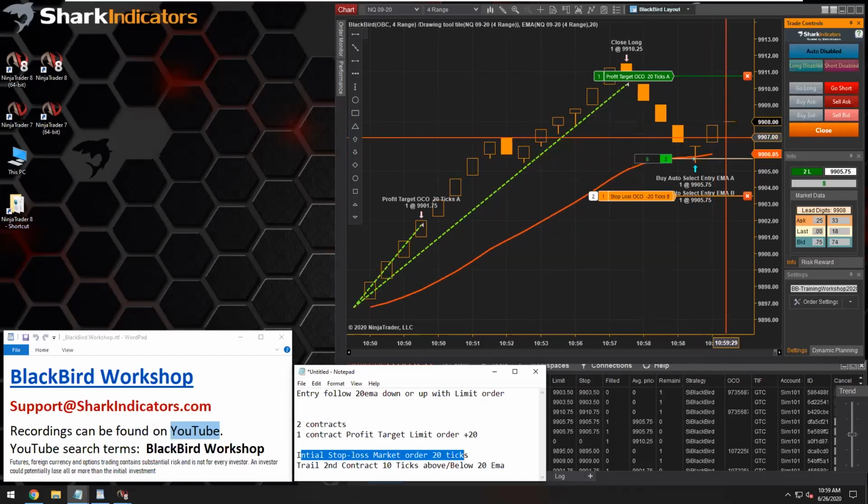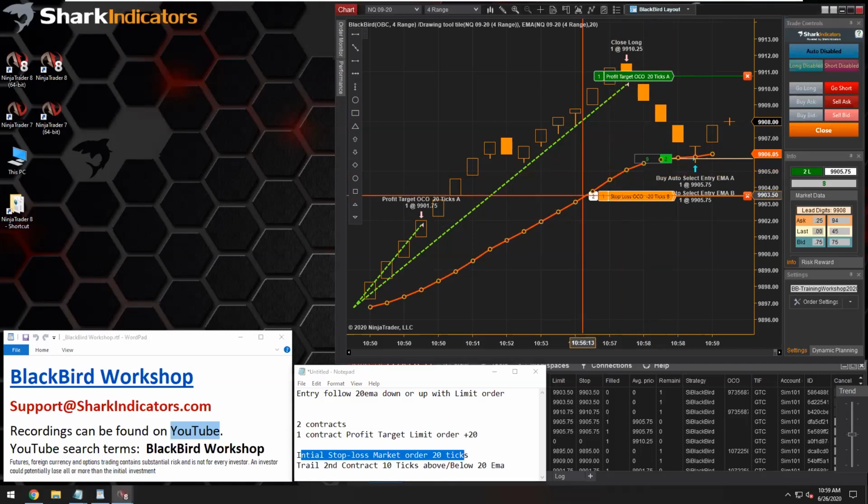So there we go. Now that we have this distance between the close of the bar and the EMA, the stop loss will start following or trailing the EMA. Actually, this other thing I was going to point out was basically solved by that other problem.